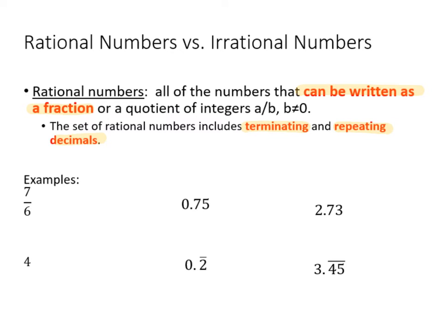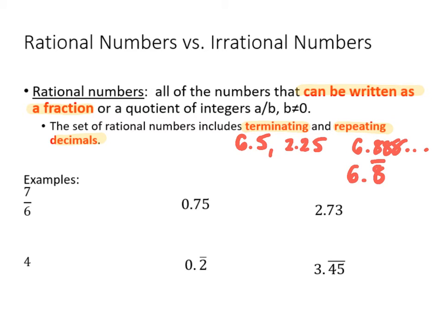Terminating is something like 6.5, 2.25, something that ends, versus a repeating decimal would be something like 6.888 repeating, which we can really write as 6.8 with the little bar above it.